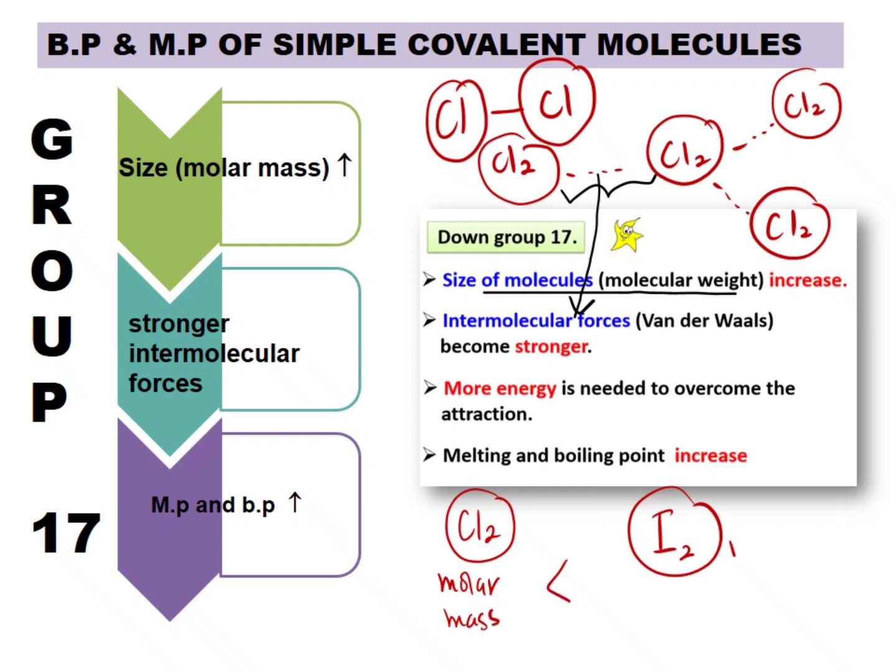So iodine molecular weight dia lebih besar daripada chlorine. So sebab tu nanti boiling and melting point untuk iodine higher than chlorine. Okay, sebab dia punya tarikan intermolecular forces dalam iodine lebih tinggi, lebih kuat berbanding dalam chlorine.